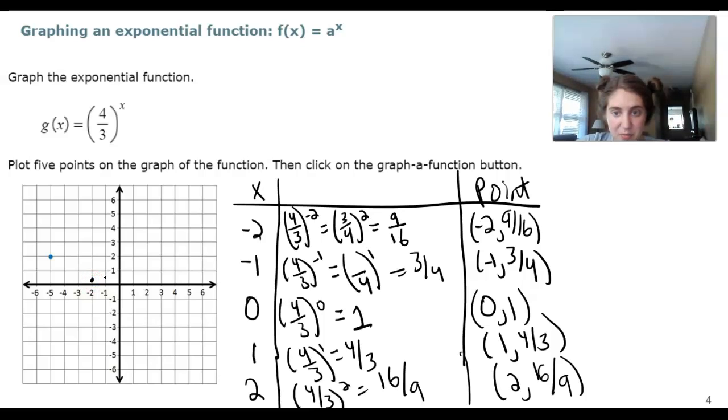This is not going to be perfect. So it would end up looking something like this. We're going to keep practicing these, but that's what it would end up looking like.